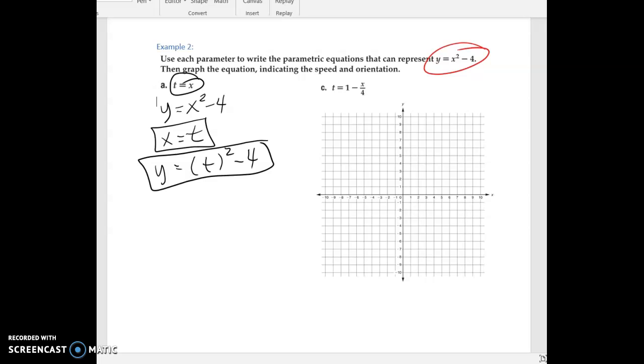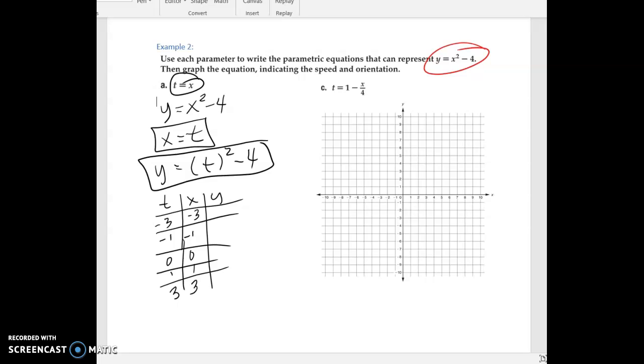And then I'm going to do a little graphing. So I've got a t, an x, and a y. And I'm just going to pick some positives and negatives. Let's say I'm doing -3, -1, 0, 1, and 3. And so obviously all of my x's are the same as my t's, so I can fill that in.